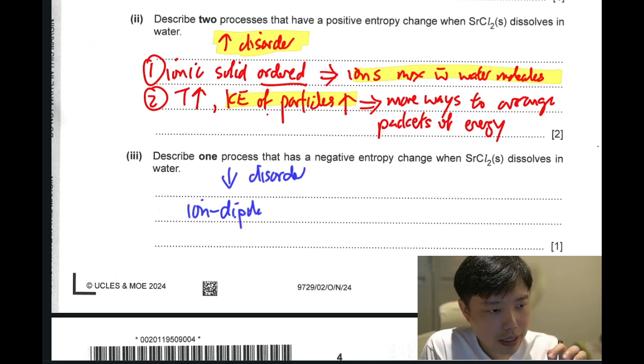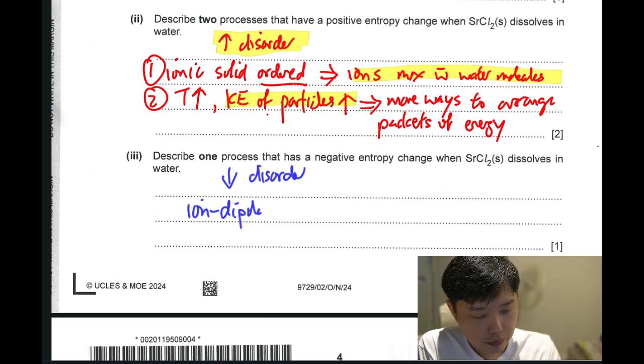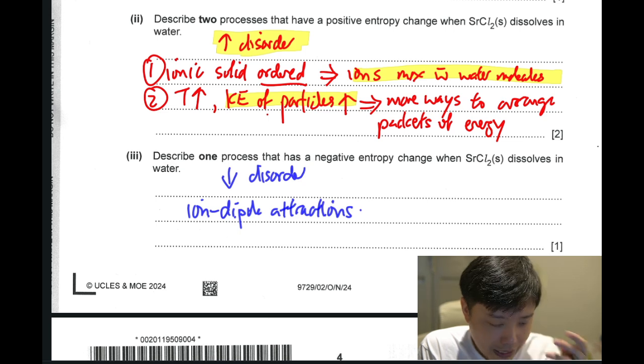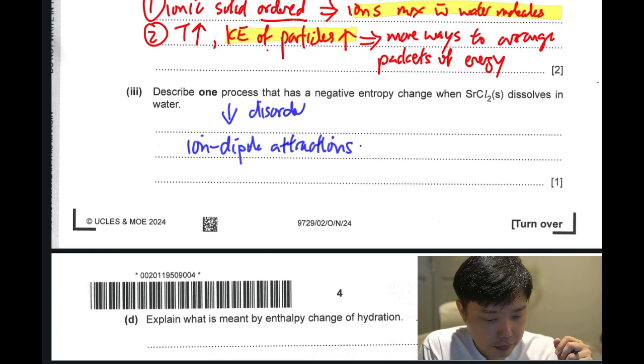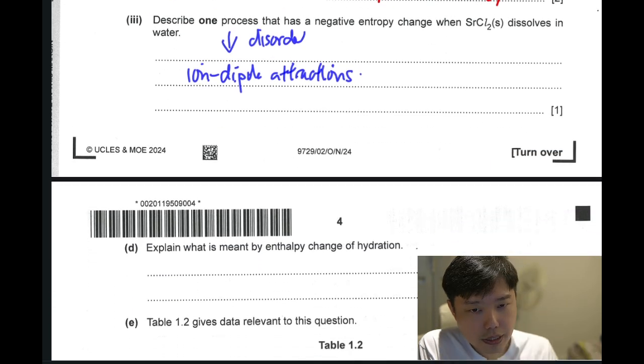When you have these ion-dipole attractions, it will result in a decrease of disorder. Okay, formation of ion-dipole attractions between the ions and water. Okay, so that's it for part C.